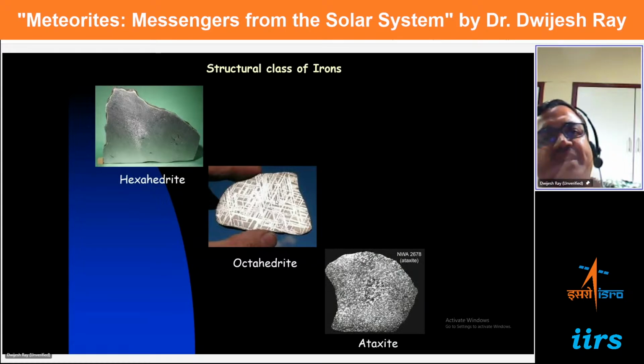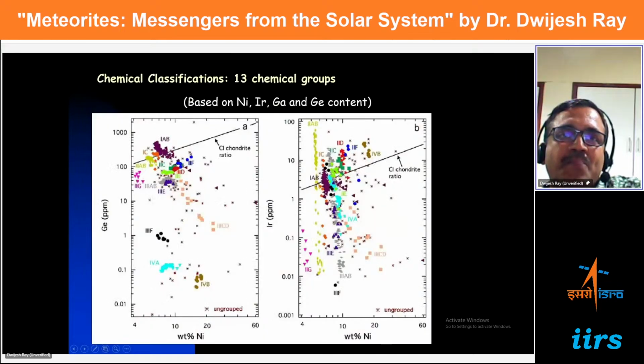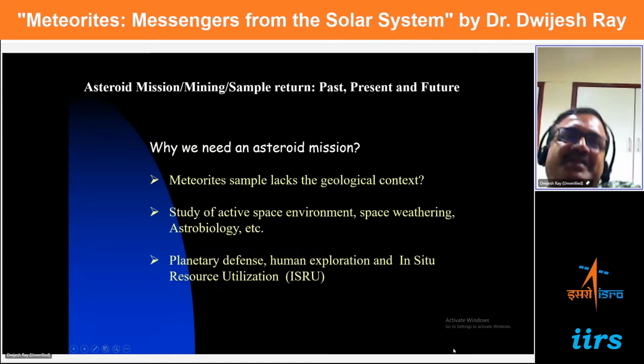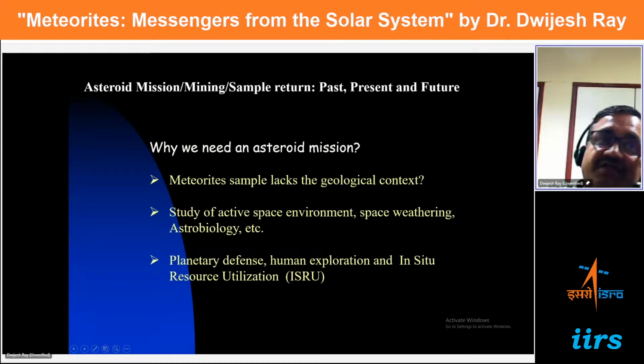Etching means you have to treat with ethanol and nitric acid. Some of the iron meteorites are structureless. There are no structures. These are the chemical classification. I can skip it because it is a little bit complicated. So I will go to the missions now.